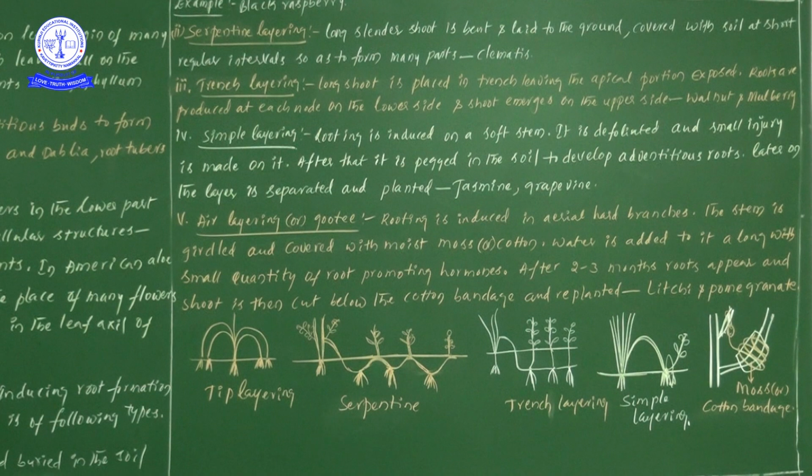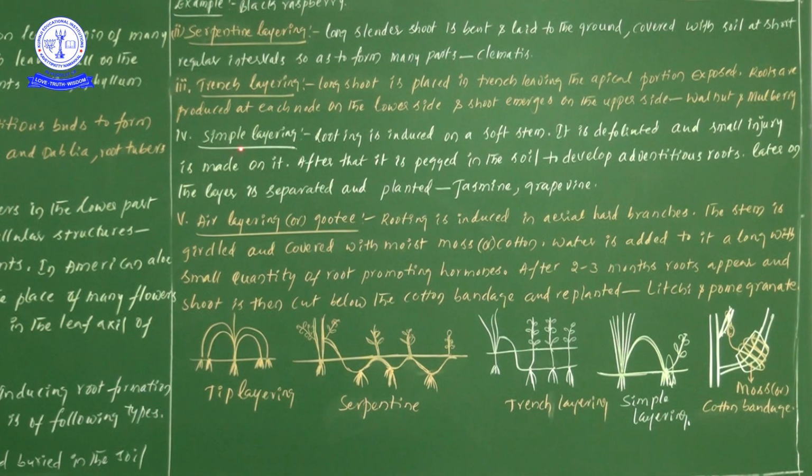This type of layering can be seen in walnut plants as well as mulberry plants. Serpentine layering can be seen in clematis, and trench layering in walnuts and mulberry.